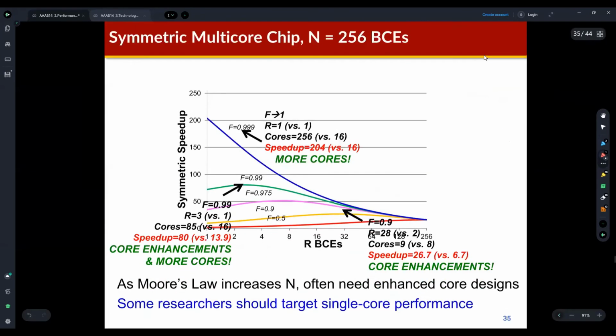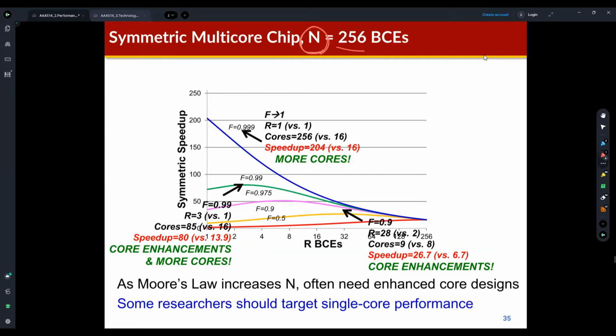So N will be increased, and the available resources are increased. So if Moore's law continues, then we can achieve 256 BCE in the same area.